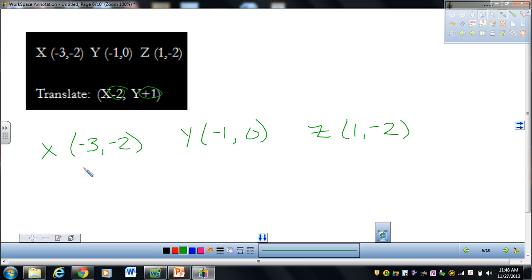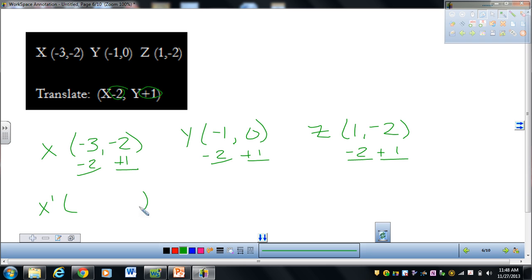Well, I know that the first value in all of my points is going to be the x. So I'm going to subtract 2 from all of my x values. And I know that because x comes before y in the alphabet. And it tells me to add 1 to y. And I know that my second value in every point is the y value because I know that y comes after x in the alphabet.